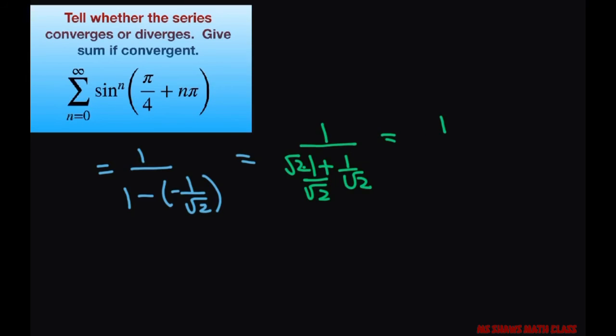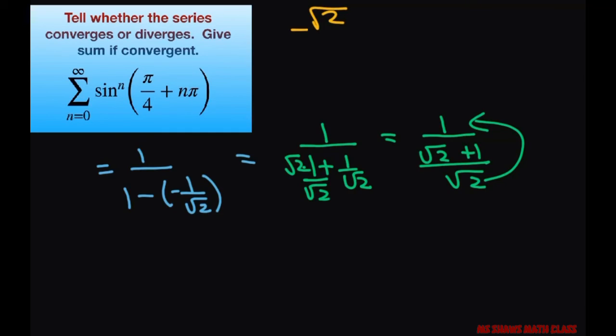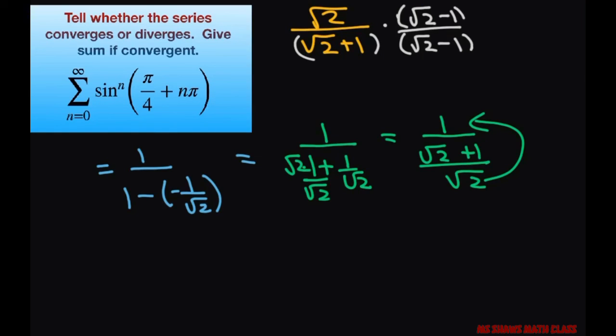So we have 1 divided by square root of 2 plus 1 divided by square root of 2, and I can move that up there. So now I have 2 square root of 2 divided by square root of 2 plus 1. To rationalize the denominator, we're going to multiply the denominator by square root of 2 minus 1, so we also have to multiply the numerator by square root of 2 minus 1.